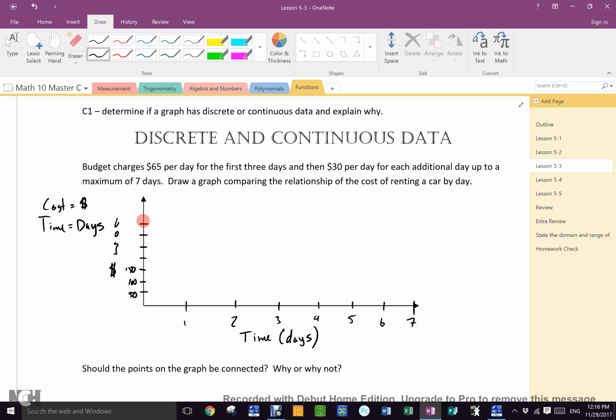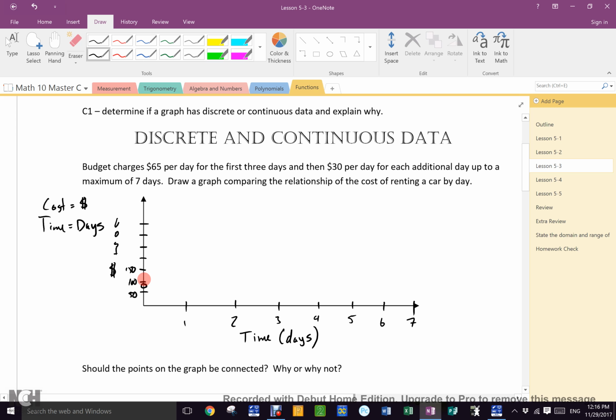Is there an output for that input of 0? No, because I can say I'm going to go rent a car, but I can't actually rent it for 0 amount of time, can I? If I walk into Budget and say I want a car for no amount of time, is there a charge for that? No. So at 0, I have an open dot, because it doesn't exist. Does everybody understand? Excellent.